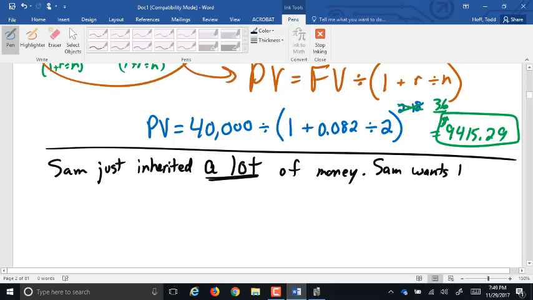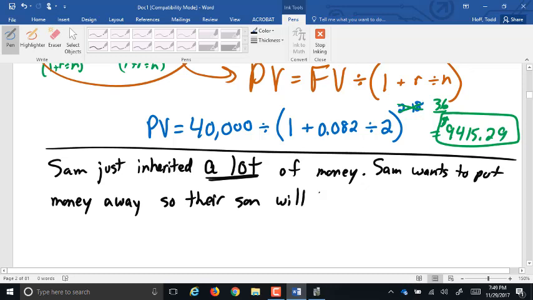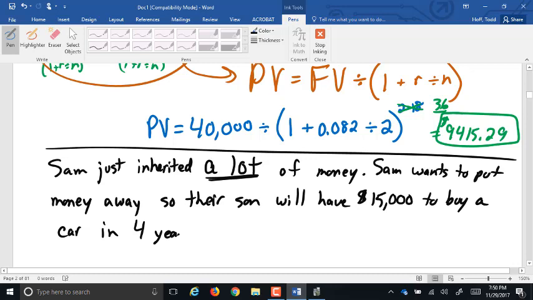Sam wants to put money away so their son will have $15,000 to buy a car in 4 years.